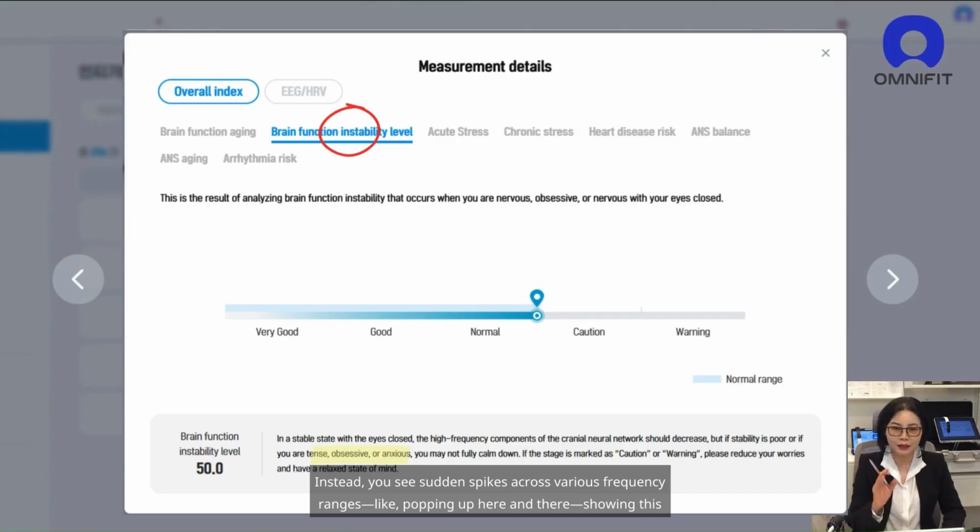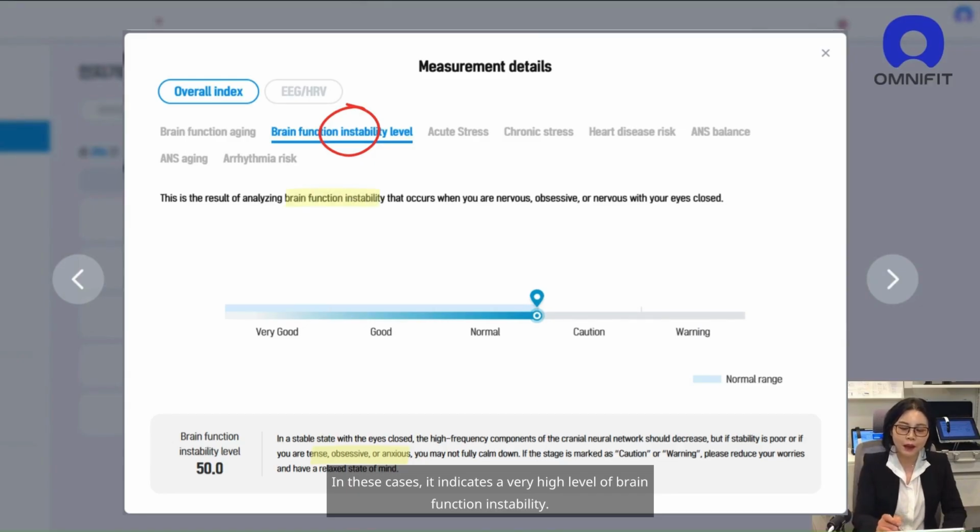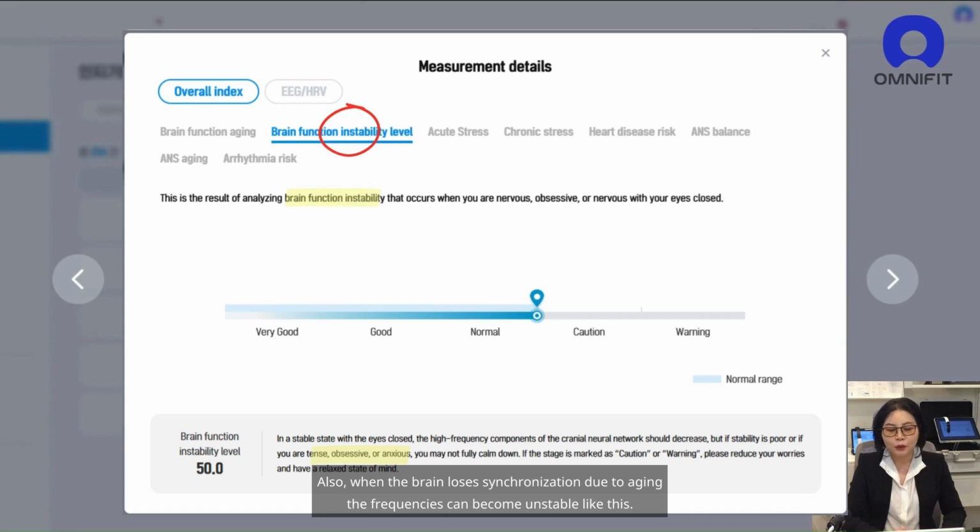Instead, you see sudden spikes across various frequency ranges, popping up here and there, showing this kind of pattern. In these cases, it indicates a very high level of brain function instability. Also, when the brain loses synchronization due to aging, the frequencies can become unstable like this. So, you can observe both emotional aspects and the degree of brain aging at the same time.